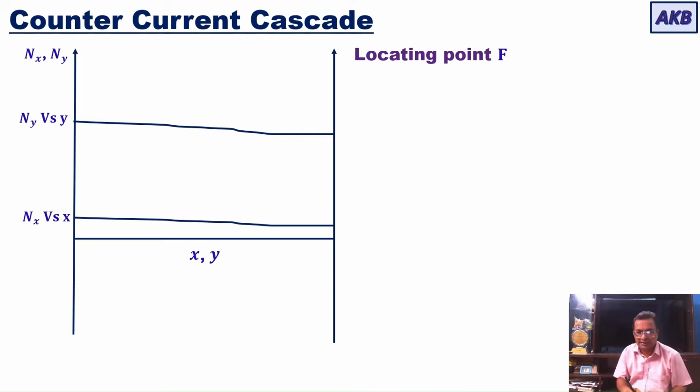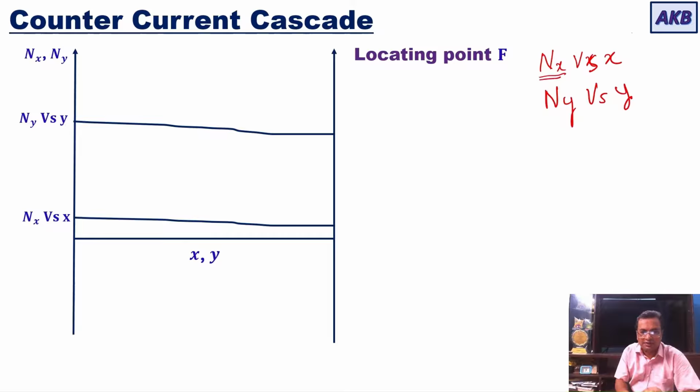So in this case, what is done? Nx is plotted against X and Ny is plotted against Y. So if there are values for Nx, then you will have this curve.